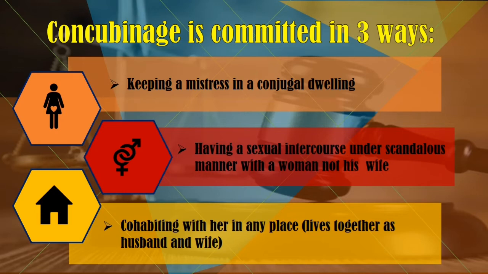So please remember also, class, that sexual intercourse is not an indispensable element in concubinage. When we say indispensable element, it might not be that essential or necessary, or it might not be a requisite for it to be an element in the case of concubinage.